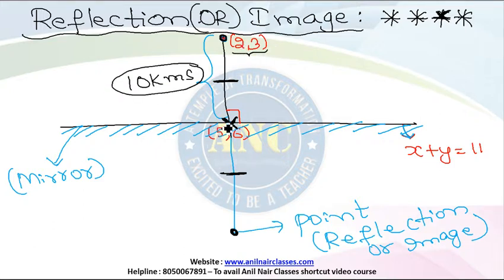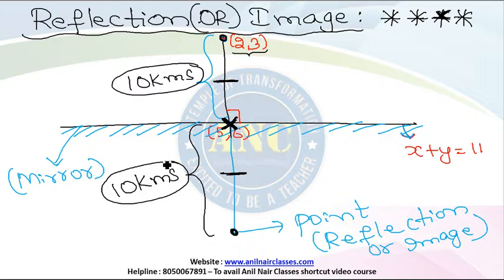The same 10 kilometers from the same point (5, 6), if you travel downwards, you will meet some other point, right, sir? That other point is nothing but the reflection or the image of that original point (2, 3). I hope you are able to understand the concept of reflection or image.